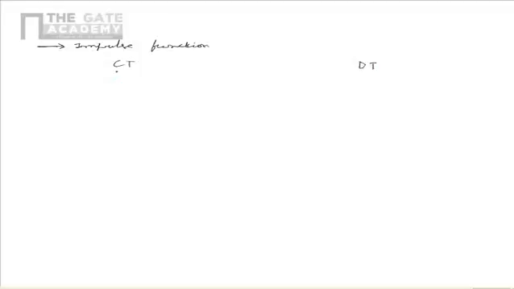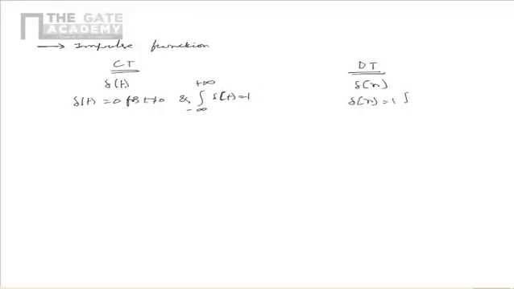The continuous time equivalent is represented as delta of t and the discrete time equivalent is represented as delta of n. So delta of t would be equal to 0 for t not equal to 0 and also integral minus infinity to plus infinity delta of t is equal to 1, and in case of delta n it is equal to 1 for n equal to 0 and it is 0 else.